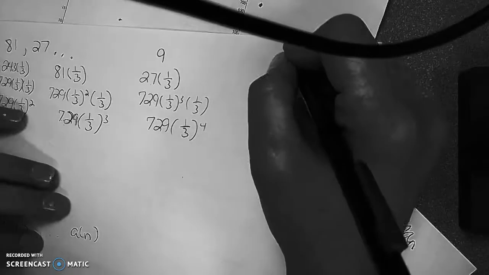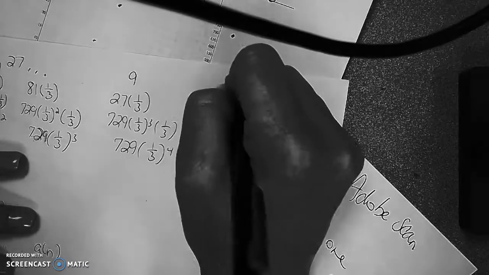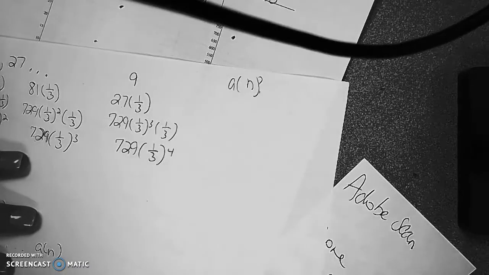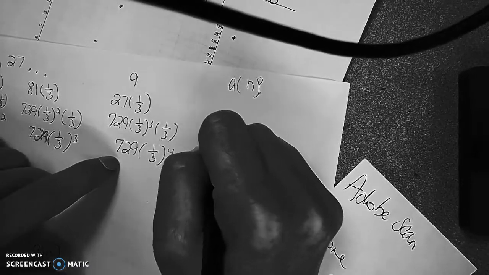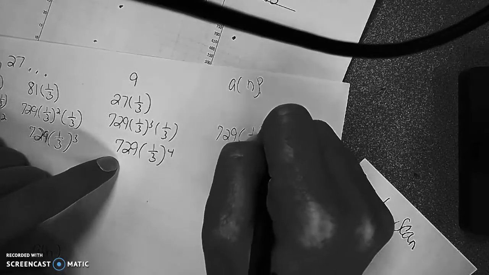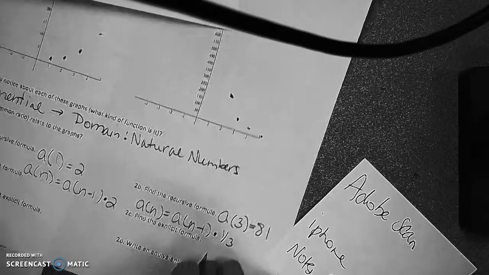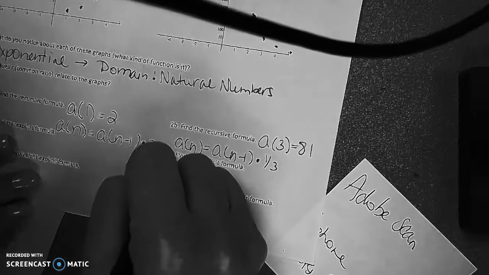How would I get the nth term, or a sub n, I should say? Well, I'm going to take 729 and multiply by 1/3 n minus 1 times. So that's my explicit formula for this example.